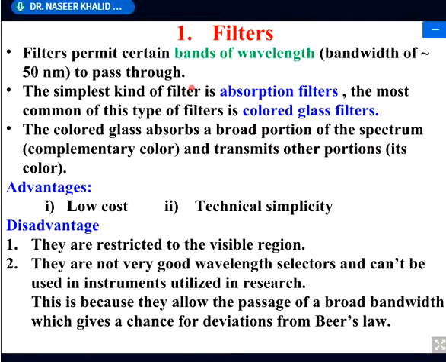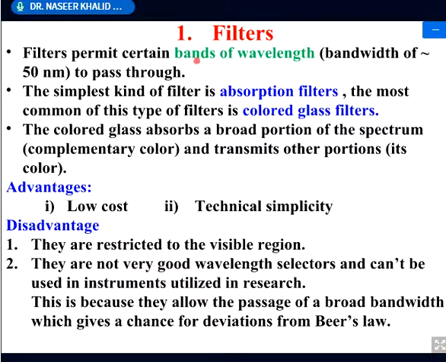What is that? The filter. A filter permits certain bands of wavelength, a bandwidth of about 50 nanometer, to pass through it. What is happening in this filter? We are making colored glasses. We are using strips of colored glass.